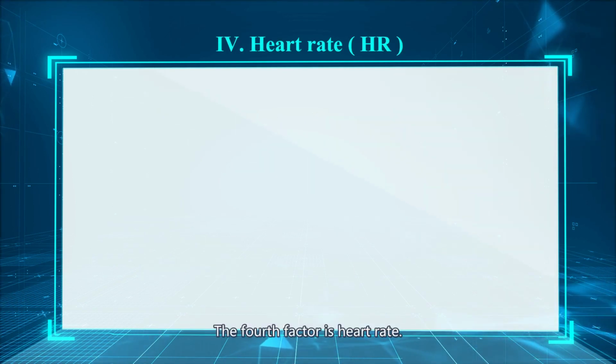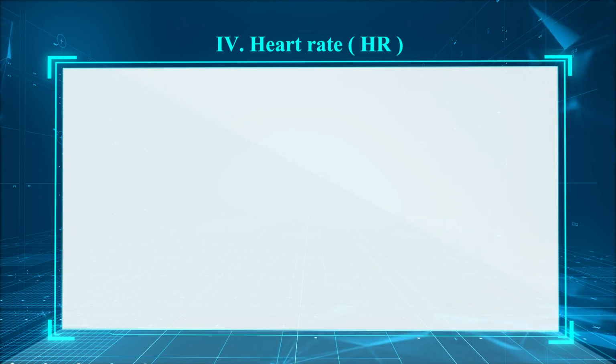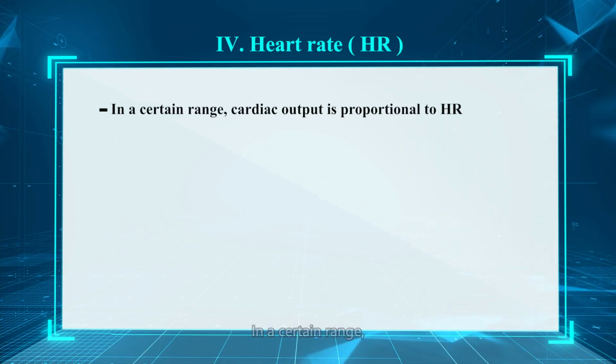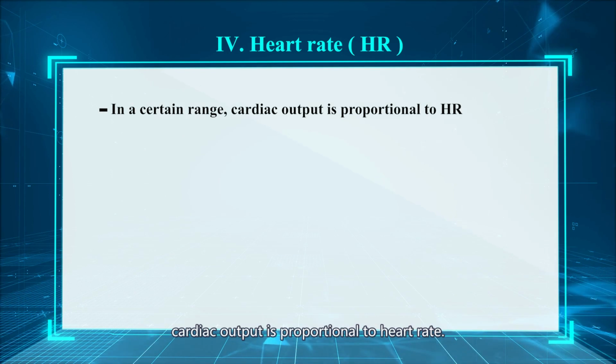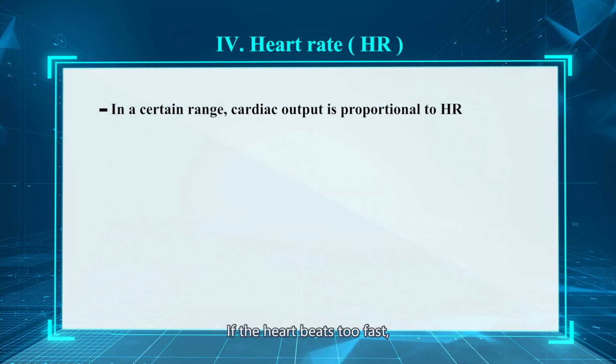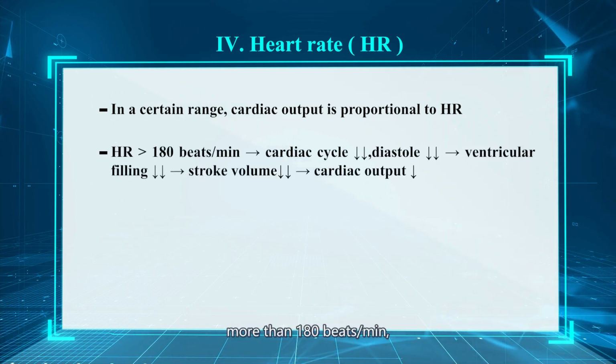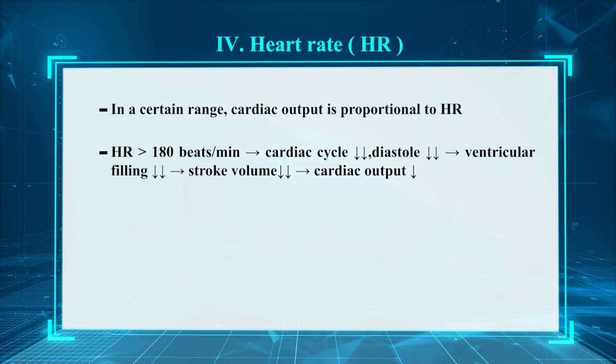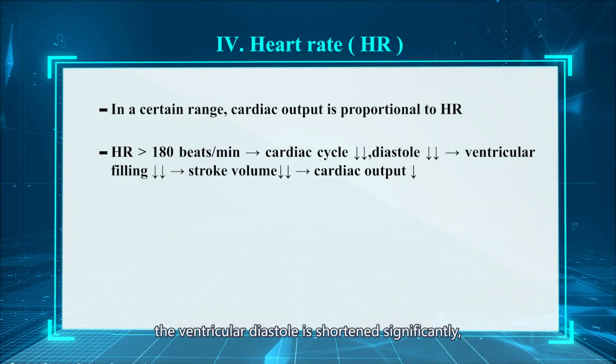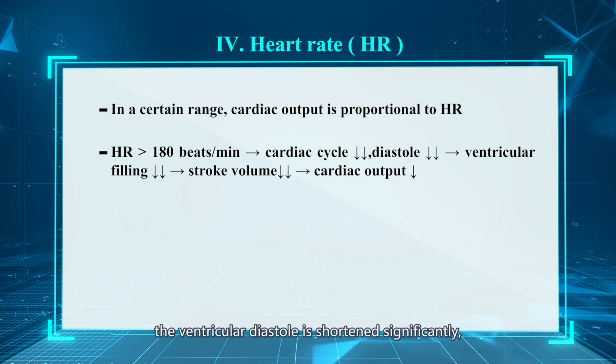The fourth factor is heart rate. In a certain range, cardiac output is proportional to the heart rate. If the heart beats too fast, more than 180 beats per minute, the ventricular diastole is shortened significantly.